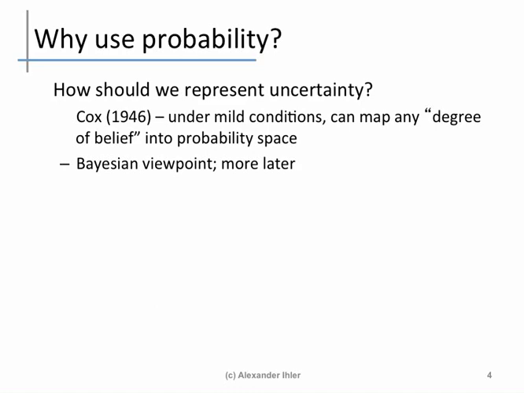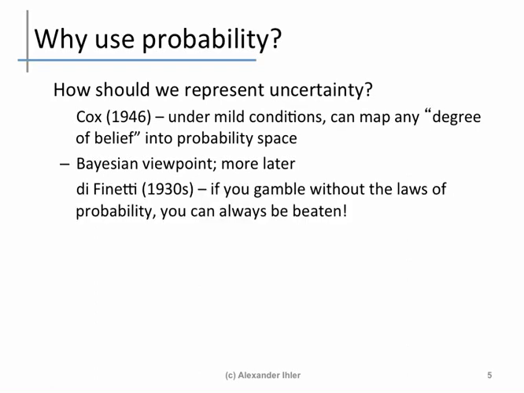It turns out that there's a result from 1946 that under fairly mild conditions, any system that expresses a degree of belief can be mapped into probability space. In fact, the Bayesian viewpoint of probability explicitly takes this notion of degree of belief.